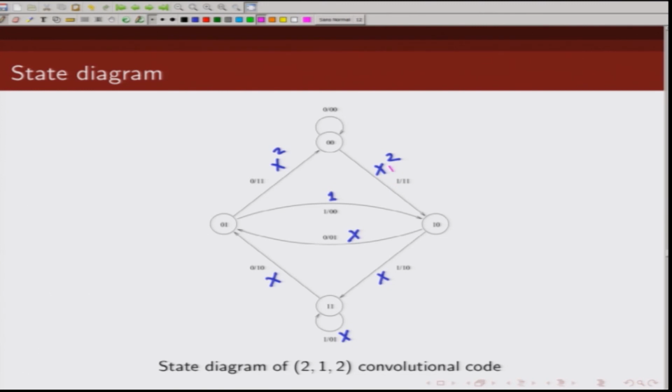So, this will be Y. The weight of the information sequence is 1. So, it will be Y. This one, the weight of the information sequence is 0. So, Y^0 is 1. So, wherever you had 1 here, you are adding basically Y. And similarly at each of these transitions there will be a Z added to denote the length.